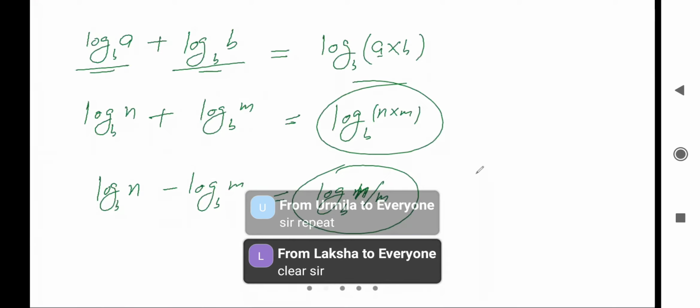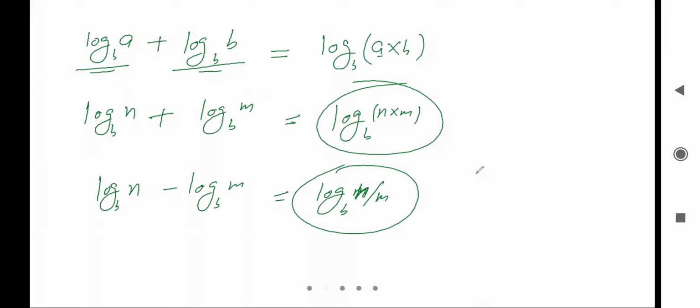Okay, I repeat, let's see. So here log of a base b, and here this term is log of b base b, then this can be written as log of a multiplied by b, and base will be same, okay, they both are equal.